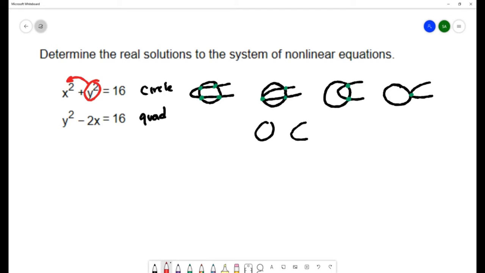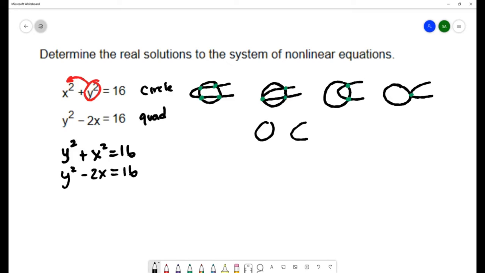Now I'm not changing what side of the equation that y squared is on, so it's not going to change signs. So my new system is y squared plus x squared equals 16. And my second equation I'm just going to leave the same.